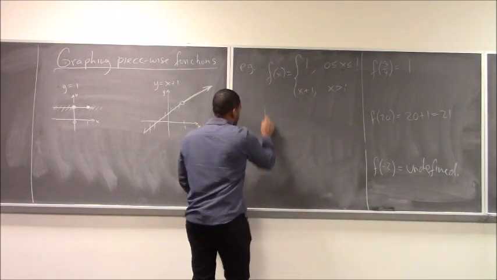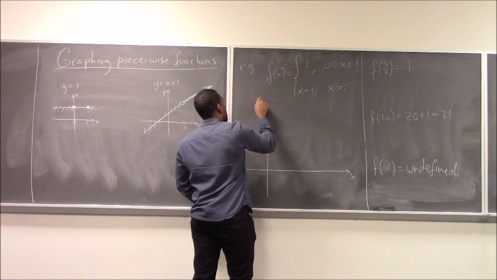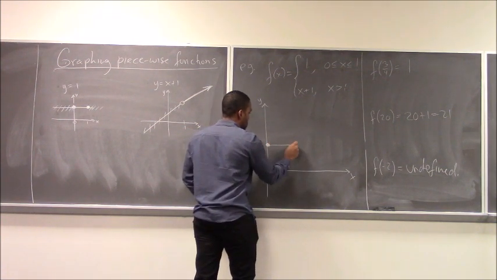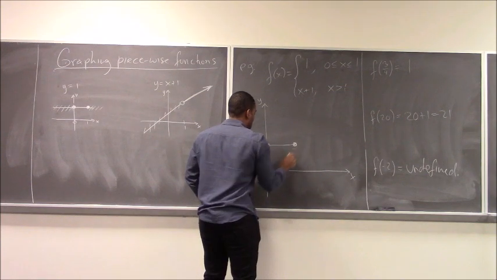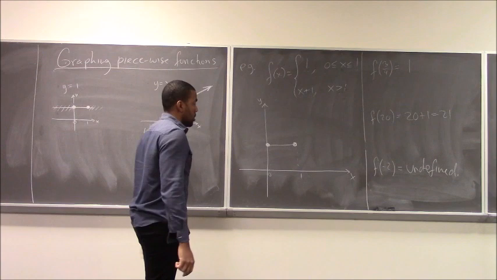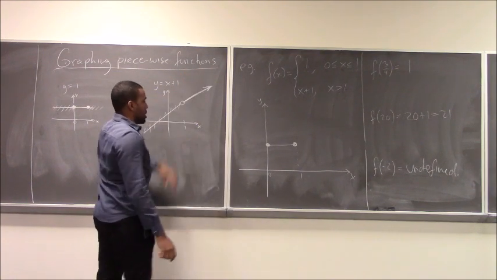So the graph of this would look like this. That's what it's going to look like from 0 and 1. And where do I draw this guy? Here?